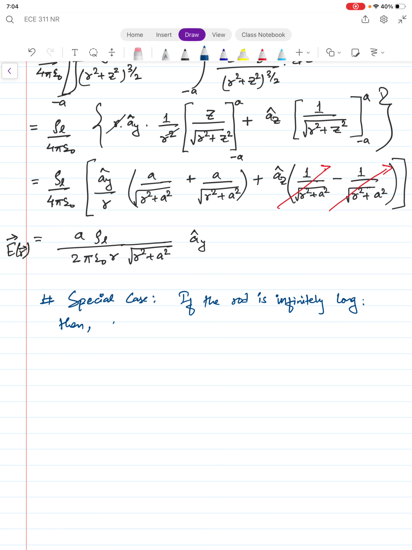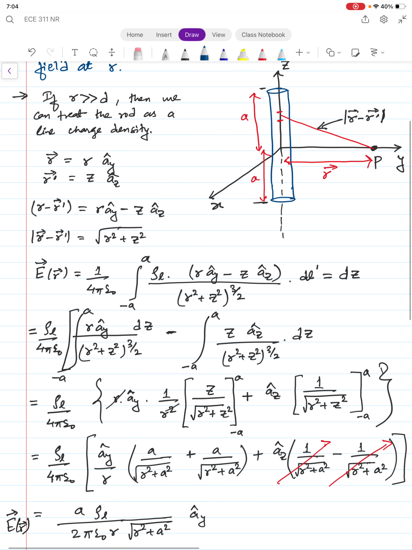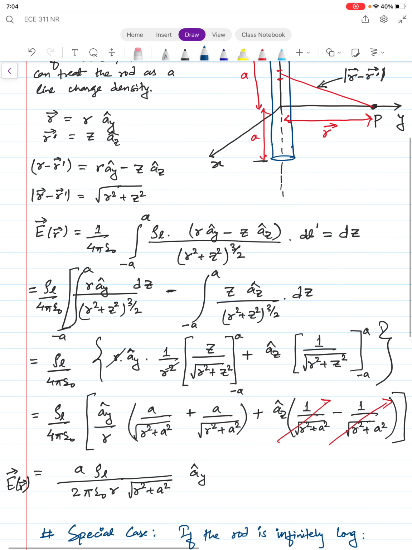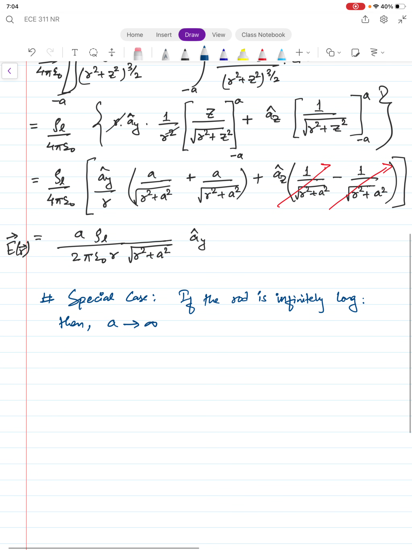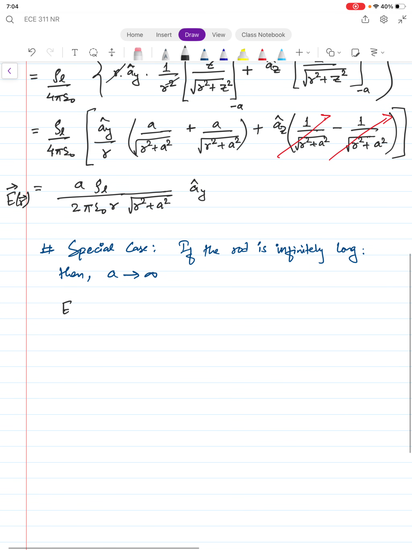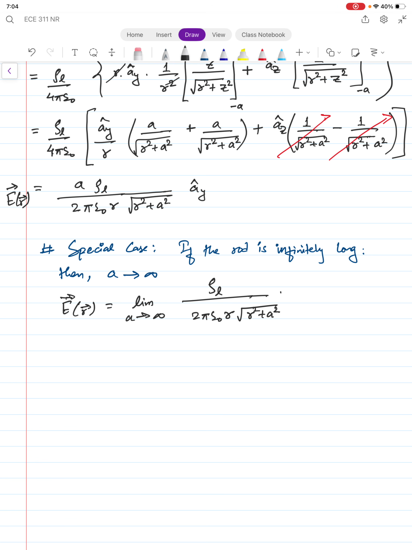then the length of the rod goes to infinity. Okay, and in that case the electric field can be written as follows. So limit a goes to infinity, rho sub L divided by 2 pi epsilon 0 r square plus a square times a y.